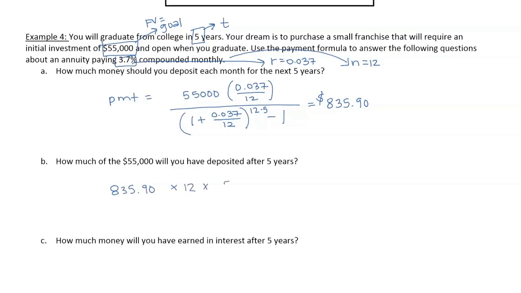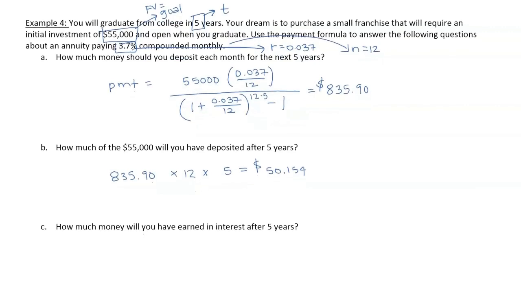And if I multiply these together, the product will be $50,154. So this represents the amount of money that we actually deposited into the account. So we go to work, we save our money, and every month I'm taking $835.90 of that money and putting it into an account.